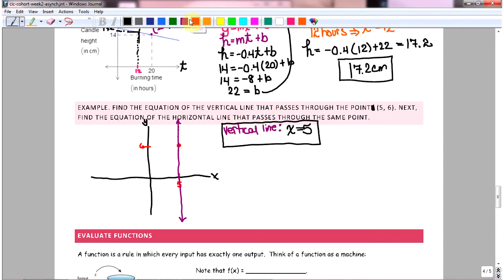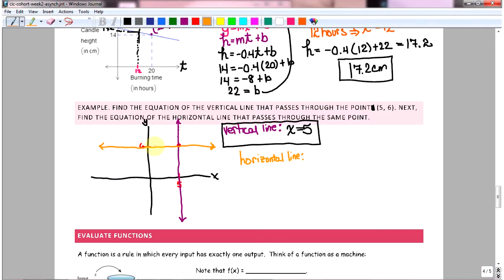Well, let's look at a horizontal line going through that same point. Okay, so if we have a horizontal line and it's going through a y value of 6, since it's passing through that given point, notice that this line takes on every x value, but the y value never changes.